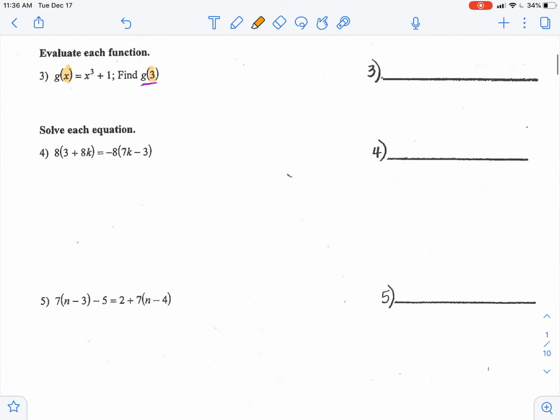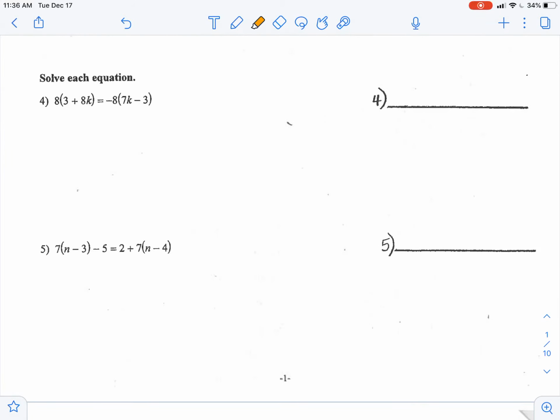Okay, number 4, you're just going to solve each equation. So you have 8 times the quantity 3 plus 8k equals a negative 8 times the quantity 7k minus 3. Pause the video and solve the problem.